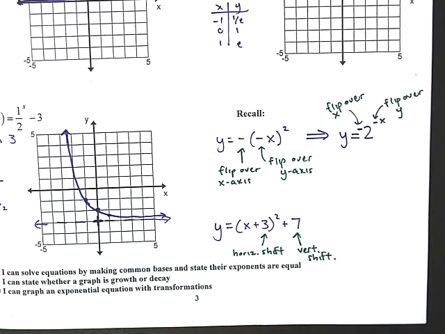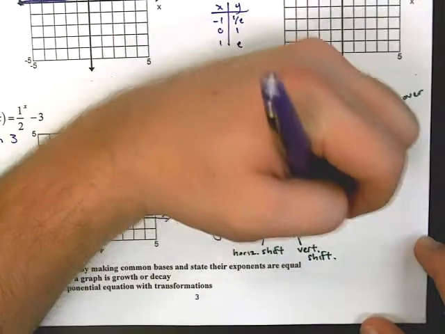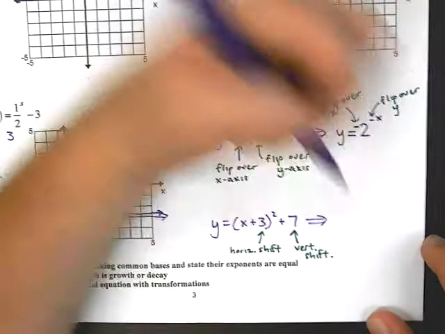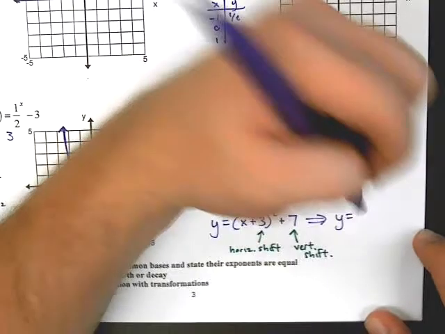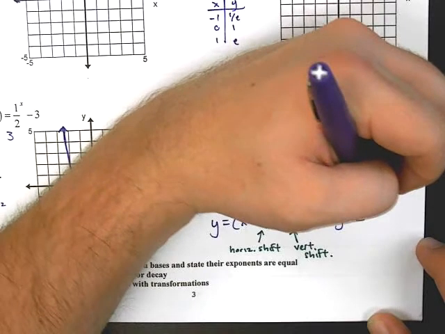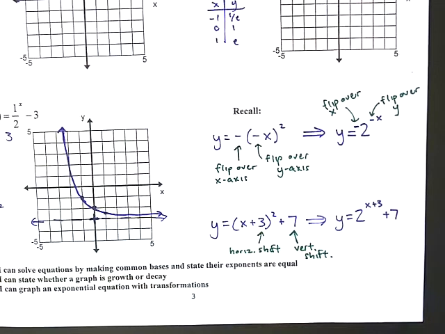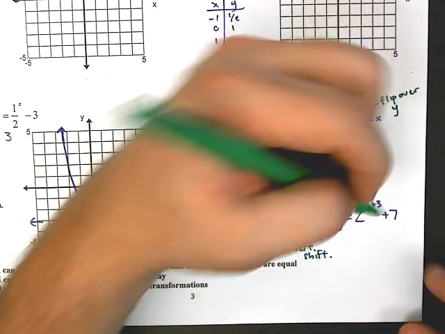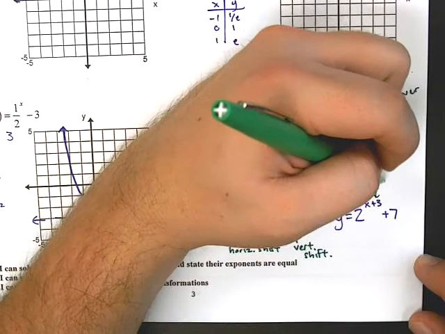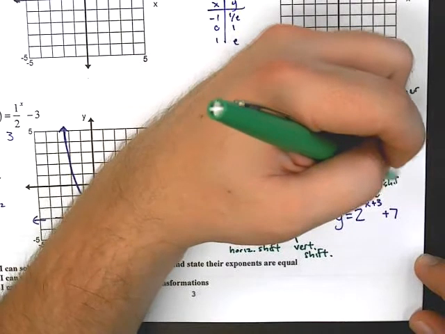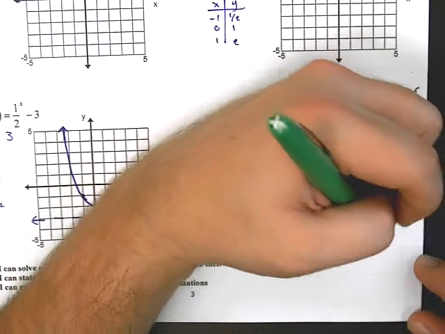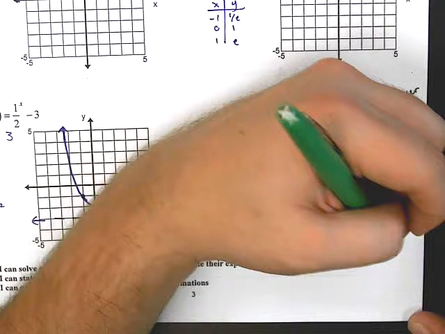It's the exact same thing again, guys. An exponential just looks a little different. So now I'll have 2 to the x plus 3 plus 7. And I need you to understand that this is the horizontal shift. This is the vertical shift.